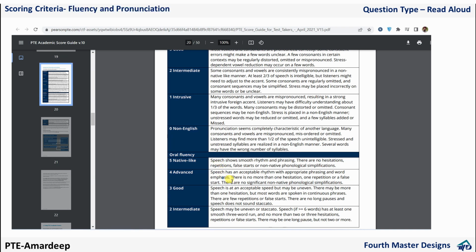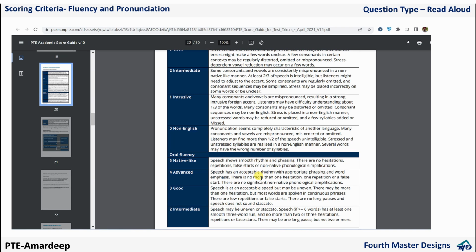But if I do it like this, speech has an acceptable rhythm. Now what will happen? I said speech has a acceptable rhythm. Now I replaced a word, right? Actually, I added one word. After that, I corrected myself, and when I corrected, I fumbled a little bit. Now what happened?